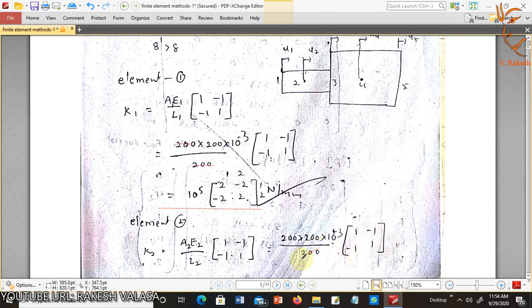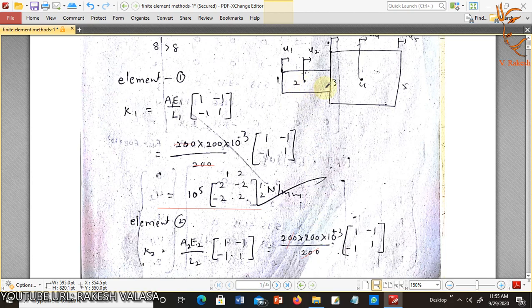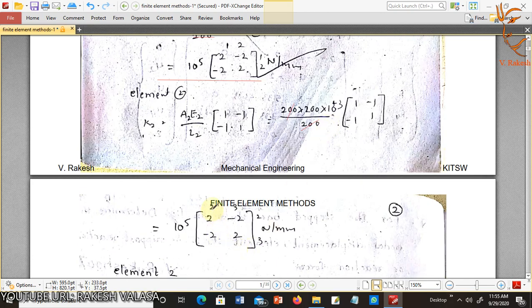Now cancel these two terms. Next, remaining terms are 200 into 10 cube. That means 10 power 5 into 2. Now multiply this 2 with this matrix. The answer is 10 power 5 into 2 minus 2 minus 2 2. Second element having nodes 2 and 3. Just you can write here 2 3 and 2 3. Units are Newton per mm.